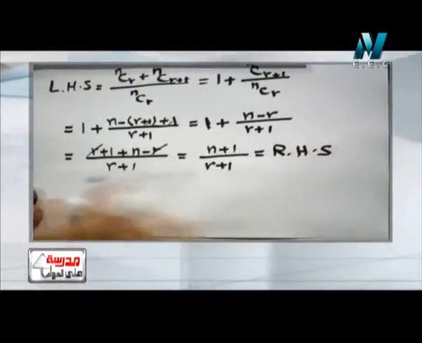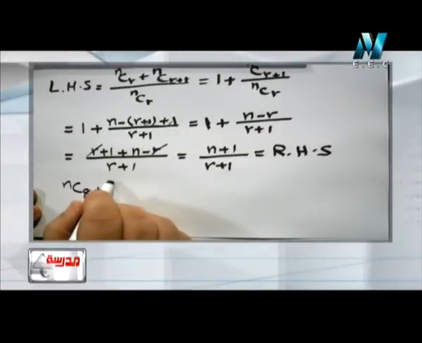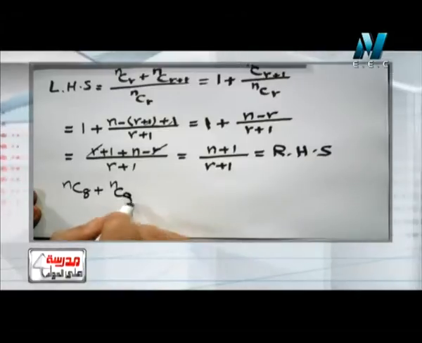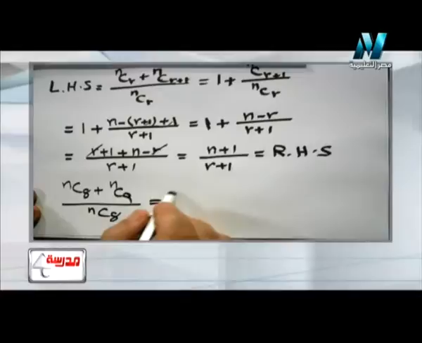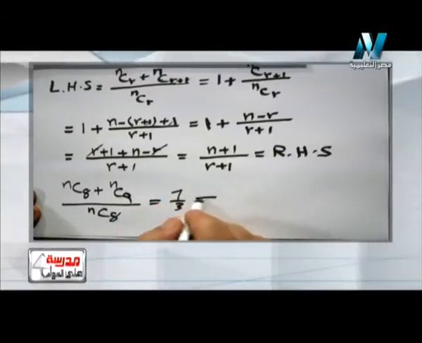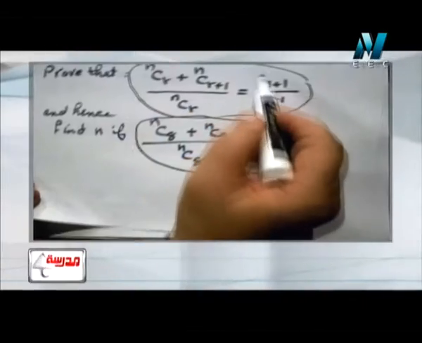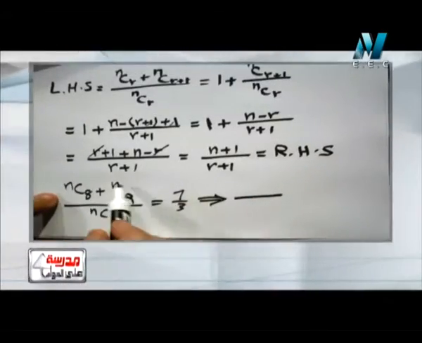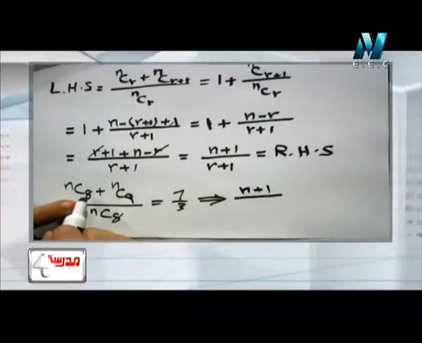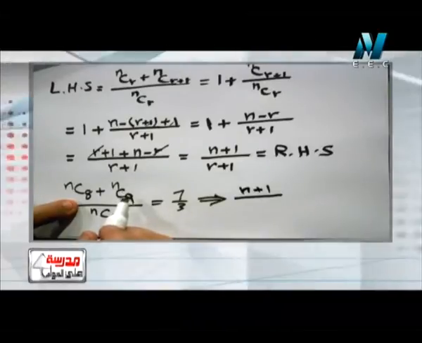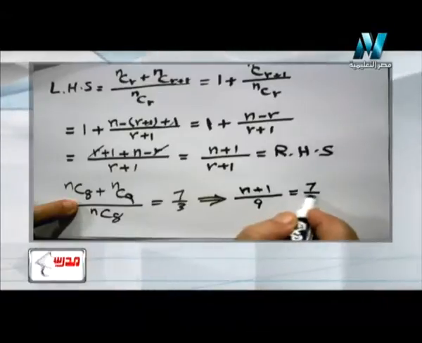The greatest number of these is 9. Therefore, we can use that (nC8 plus nC9) over nC8 equals 7 over 3. Use this to get (n plus 1) over (r plus 1). R is 8 and r plus 1 is 9. Therefore (n plus 1) over 9 equals 7 over 3.